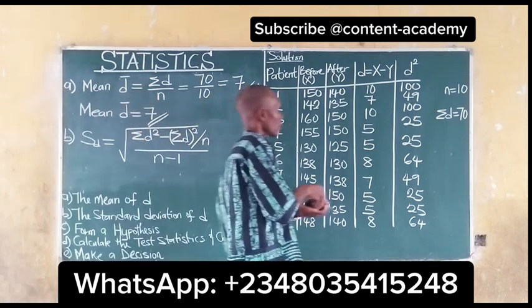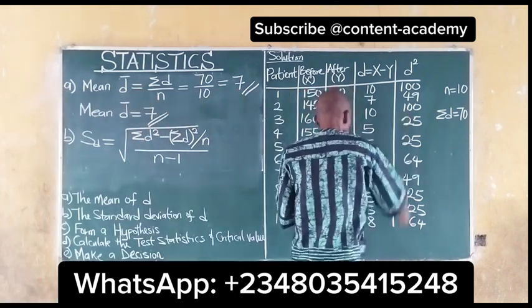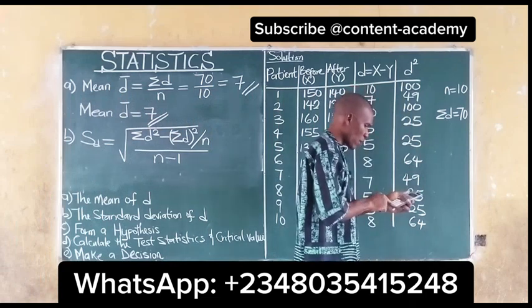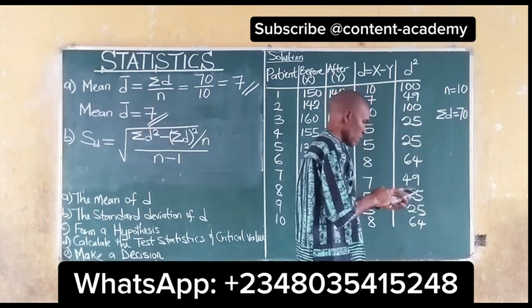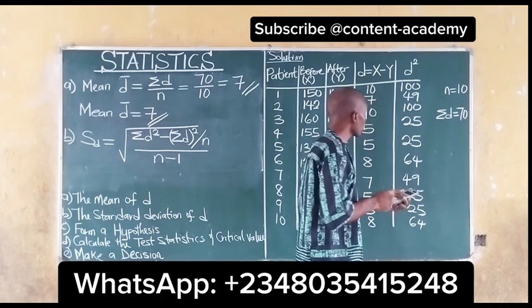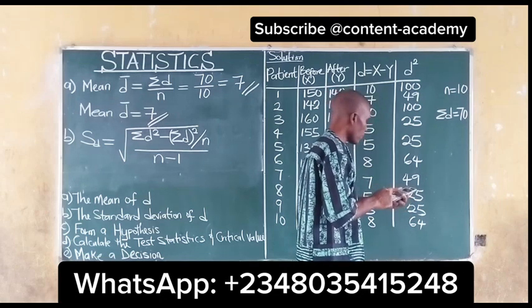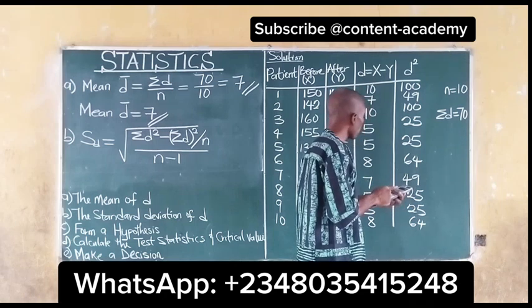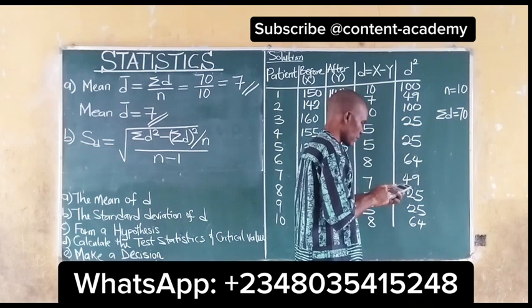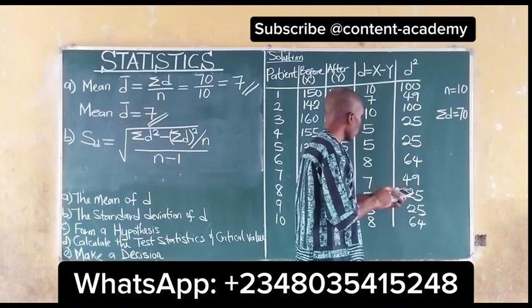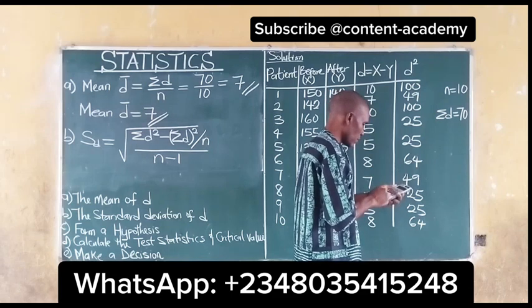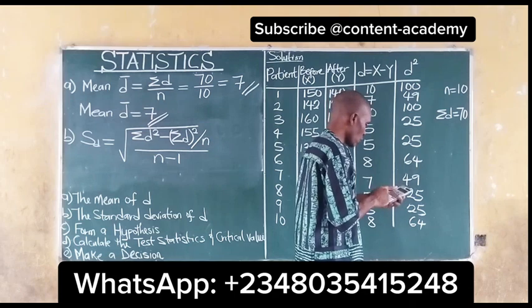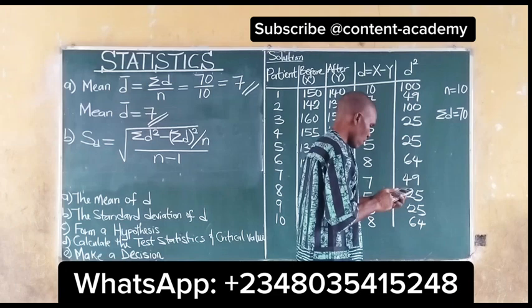The whole of this, d squared, we have 100 plus 49 plus 100 plus 25 plus 25 plus 64 plus 49 plus 25 plus 25 plus 64.